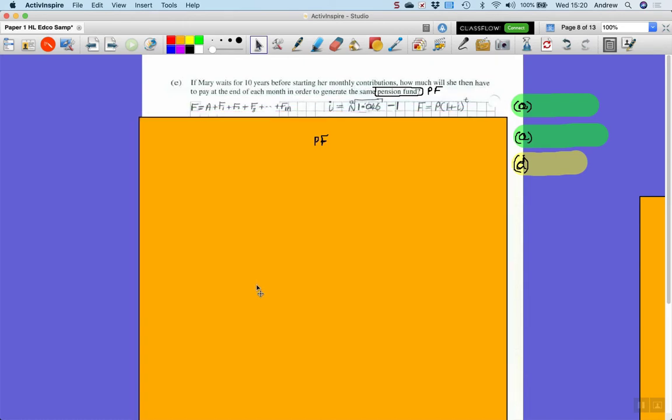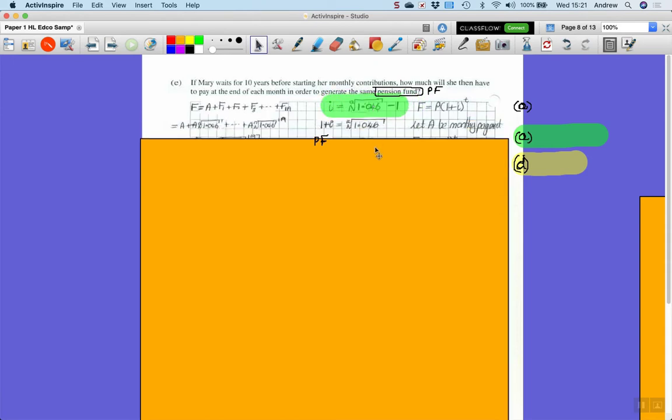Okay. Before we get going, we have to start gathering information from earlier parts of the problem. From section A, we had the monthly interest rate, and we're going to need this because this is to do with monthly interest.